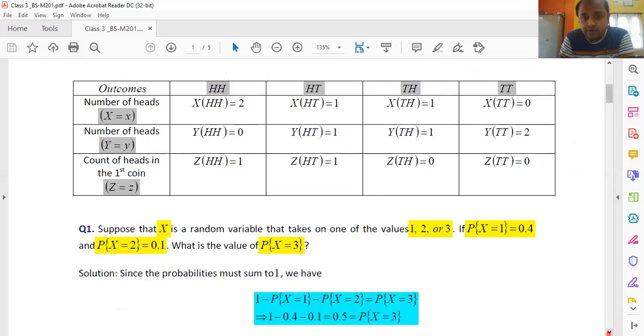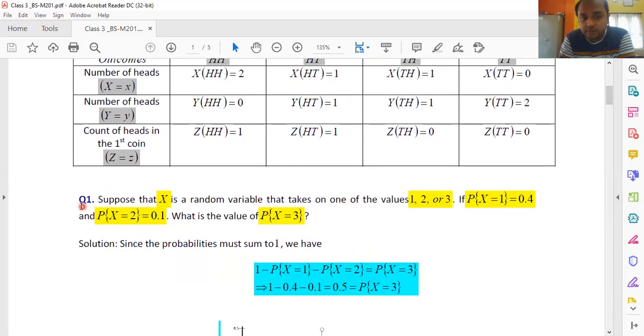So here, when they are giving this question to you, they are considering that they are dealing with a probability distribution chart where only 3 values can appear, 1, 2, and 3. And two probabilities have been given to you. One probability is 0.4 and another probability is 0.1.